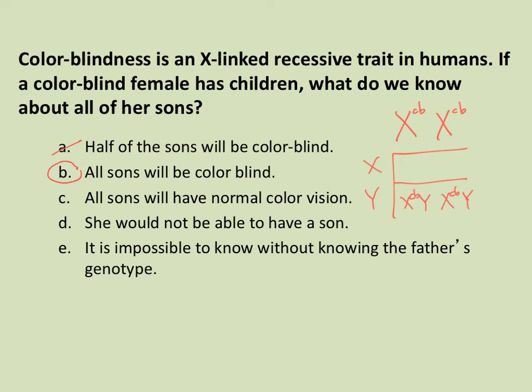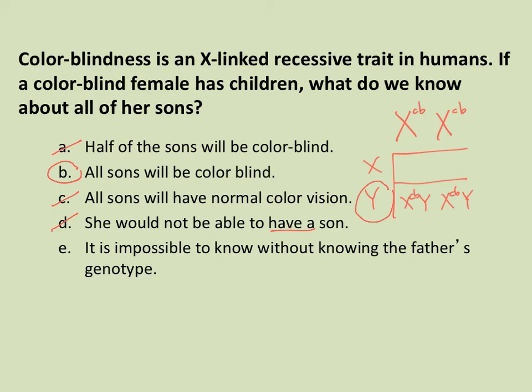So not half, not normal vision, they will be colorblind. This won't affect her ability to have a son. And as far as sons' phenotypes are concerned, we don't need to know the father's genotype because for a son, a father is only contributing the Y chromosome. And the Y chromosome doesn't carry the colorblindness gene.